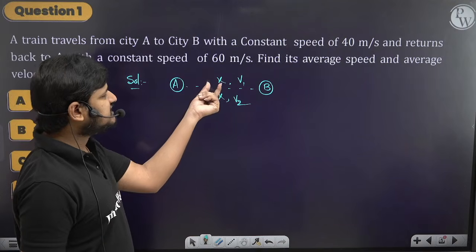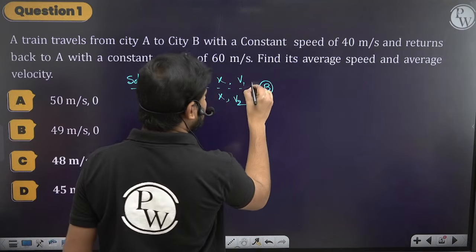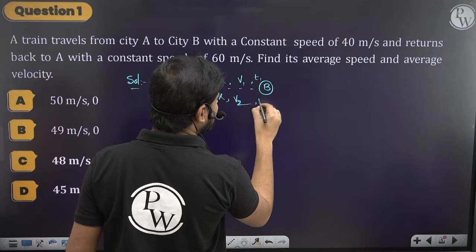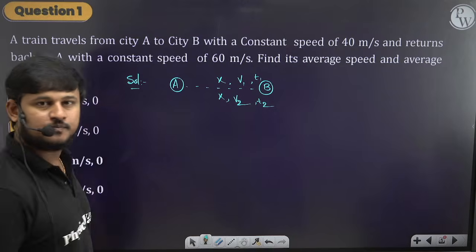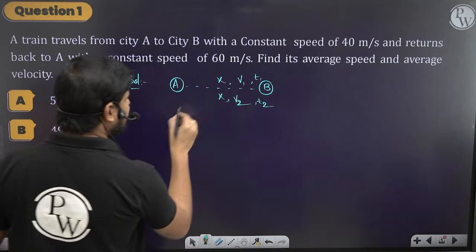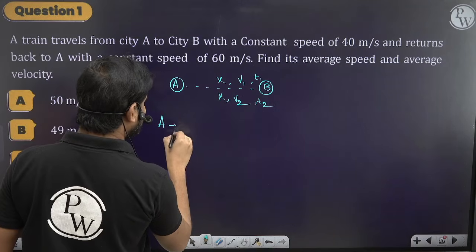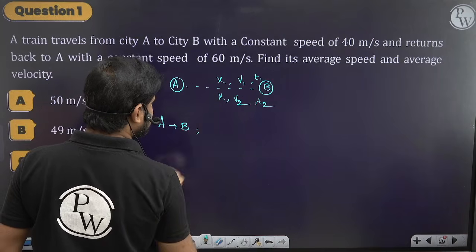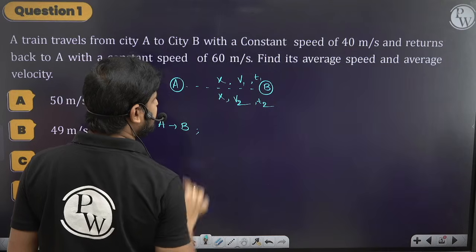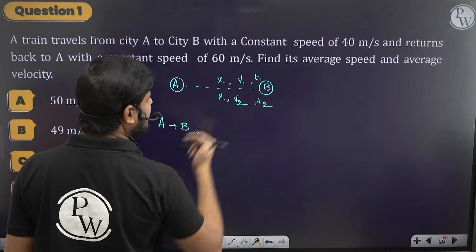Here distance x, speed v1, let the time be t1. While returning, let the time be t2. Now from A to B, the distance is x, speed is v1 and time is t1.